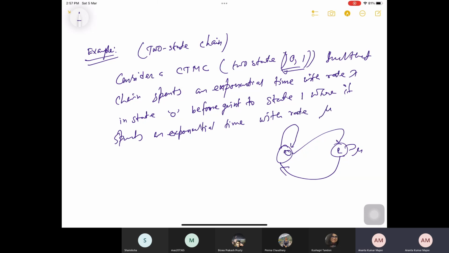So rate is more important. This is mu, before returning to state 0.